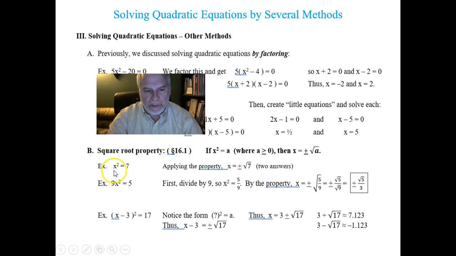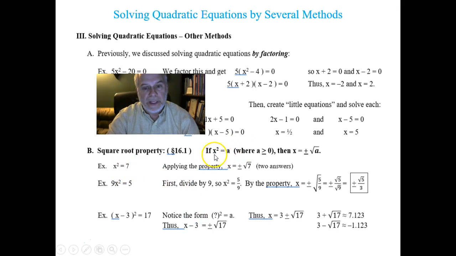So in the first example, this is the most simple example I could think of. If x squared equals 7, using that property, then x would be plus or minus the square root of 7. Okay? Simple type.